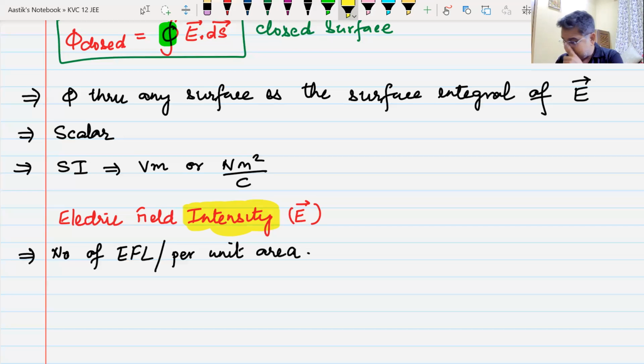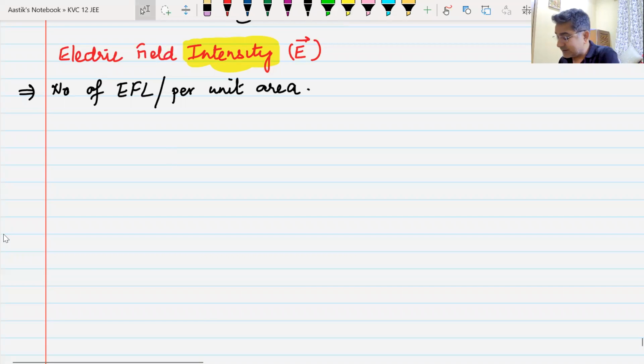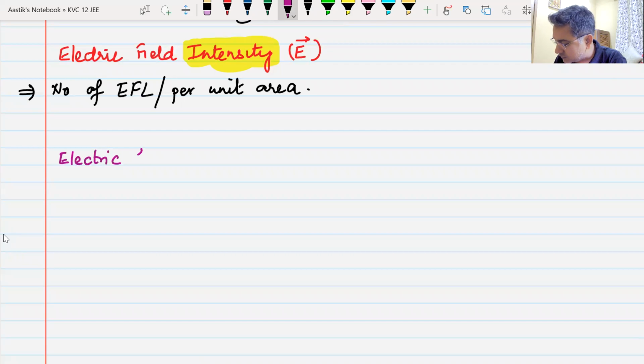Now, this electric flux is our concern because electric field we have already done. Electric flux is a scalar quantity. I just had to tell you about electric field, so I took it here. Now, let us move back to electric flux.